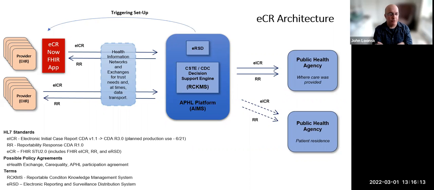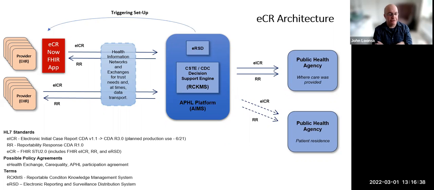At the same time, a response transaction goes back, pursuing the sort of holy grail of public health agencies providing information back to providers of care, as they so frequently ask for it. These are the broad contours of electronic case reporting. On the right, the public health agencies have surveillance systems.